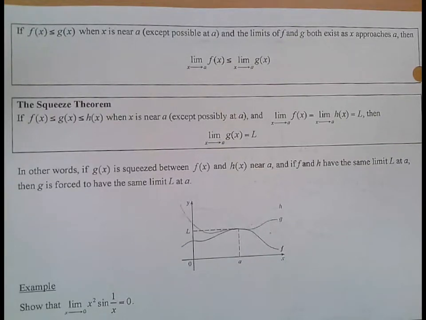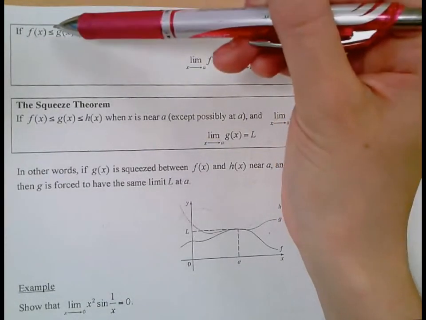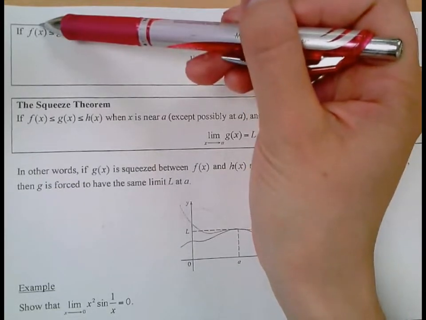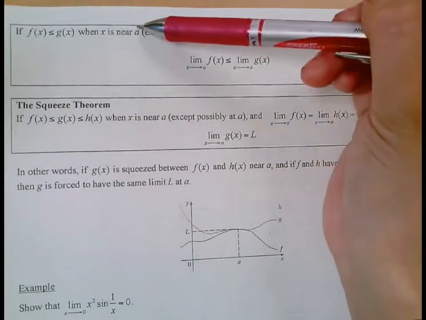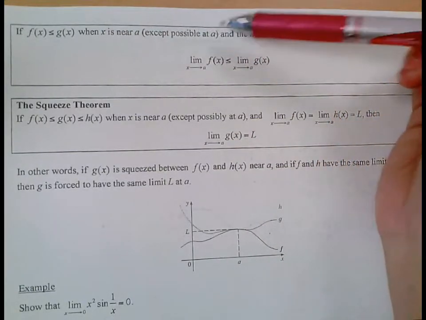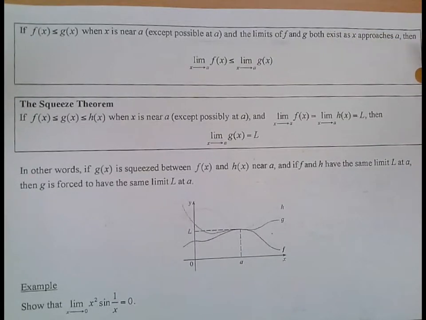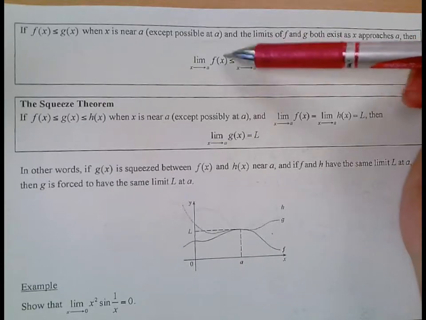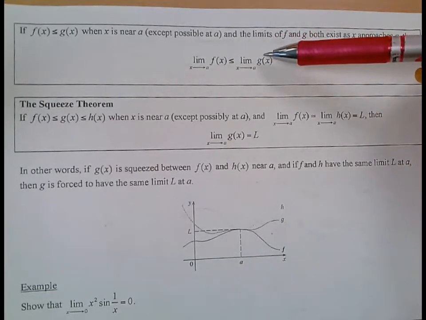So we have, and this is kind of just using reasoning, it should make sense that if we have two functions f and g, if f of x is less than or equal to g of x, so that means the y values for f are all less than or equal to the y values of g, when x is near a, except possibly at a, and the limits of f and g both exist as x approaches a, then we can say the limit as x approaches a of f of x is less than or equal to the limit as x approaches a of g of x.